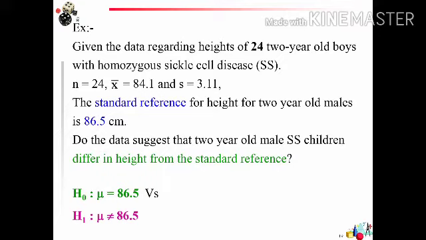So the null hypothesis H naught is whether it is equal or not equal. H naught that mu equals 86.5 versus alternative hypothesis H1 that mu is not equal to 86.5.